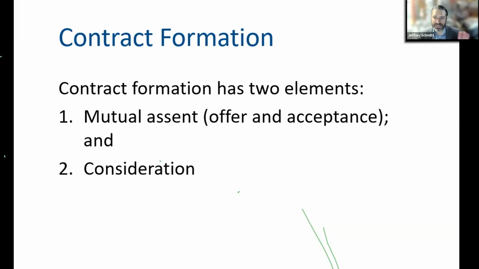And so we need to look at the cases to pull rules out for our course to understand exactly what the rule statements, the black letter statements, are that you would need for the bar exam. Luckily, people have done that. They pulled those rules out of the cases. We don't need to reinvent the wheel.